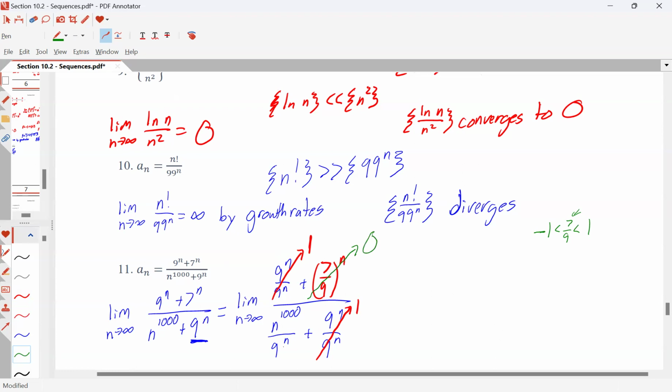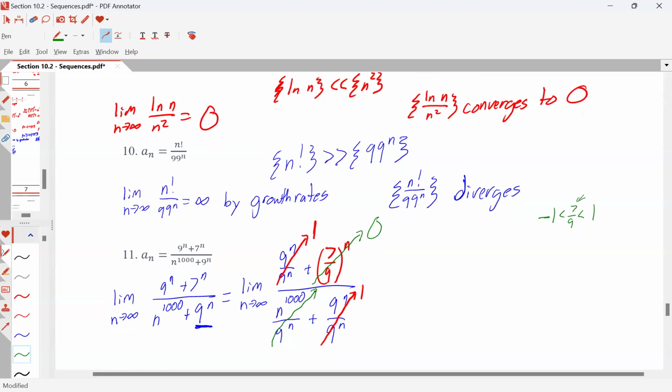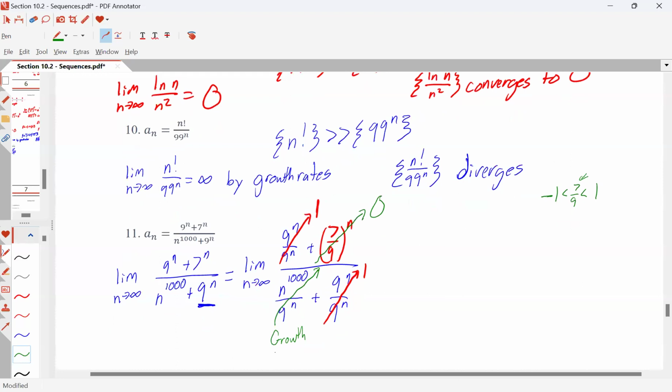And then the last one, this is growth rates. An exponential grows faster than a polynomial, so by growth rates, this last ratio limit is 0. So in the numerator, we have 1 plus 0, which is 1.